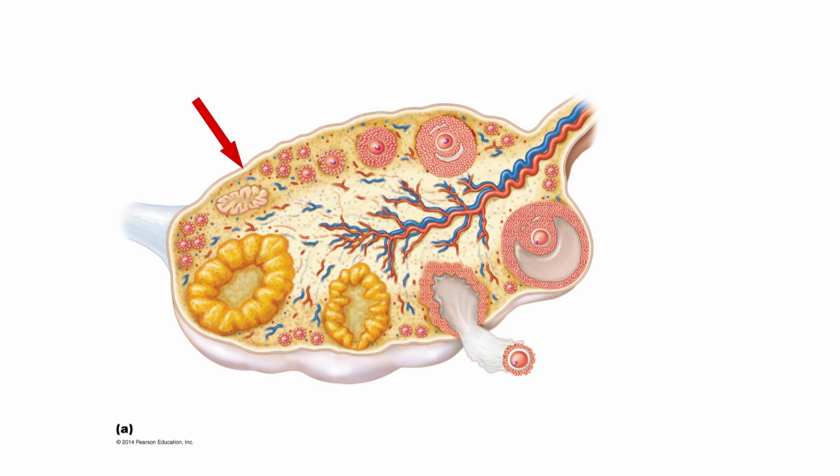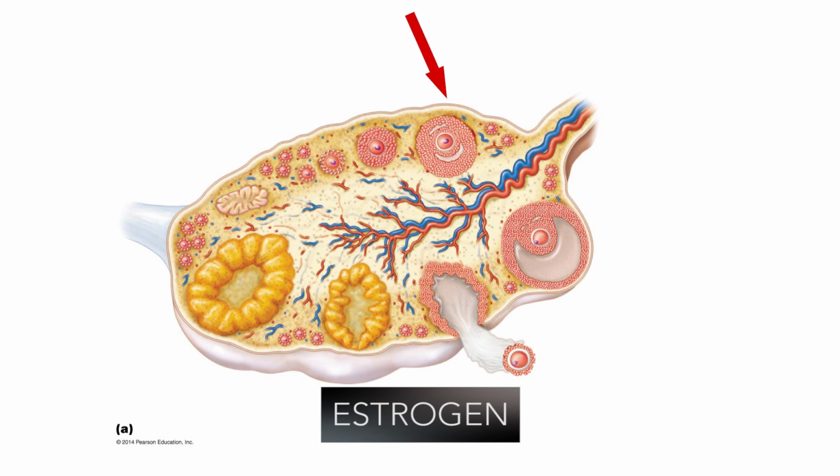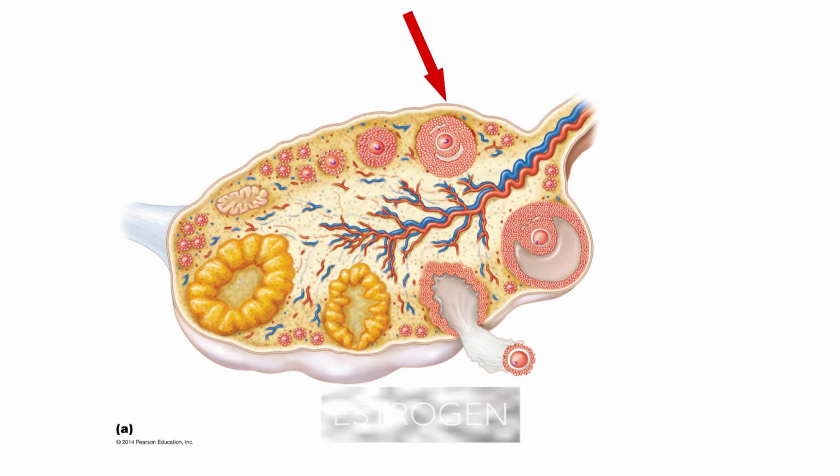And it takes several days for them to develop. And as they develop, they also produce a hormone that prepares the female for pregnancy. And this hormone is called estrogen. It prepares everything. It prepares the uterus, the breast tissue, everything for possible pregnancy.